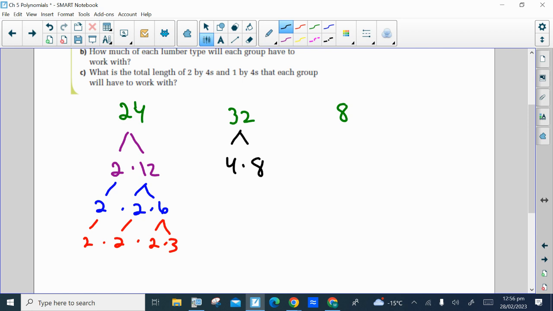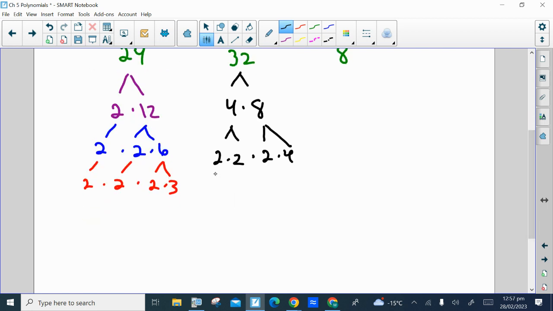I think that's it. But the 4 breaks down to 2 times 2. The 8 would break down first to 2 times 4. And then that 4 needs to be broken down for our final step. 32 is actually 2 multiplied by itself 5 times.